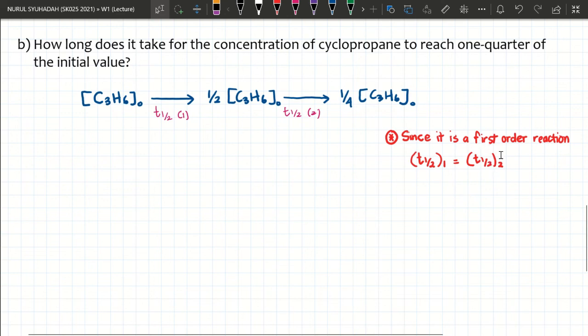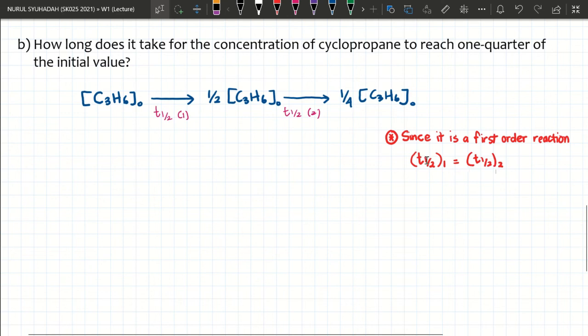Each order of reaction will give a different half-life behavior. From the one that we have discussed before, for a first order reaction, the value of half-life is independent of the initial concentration.